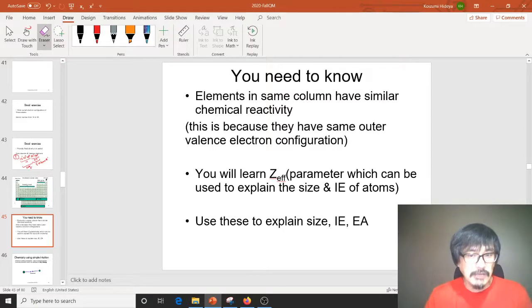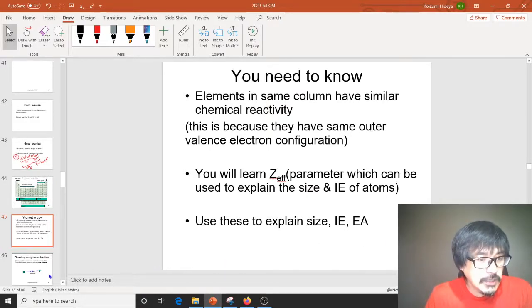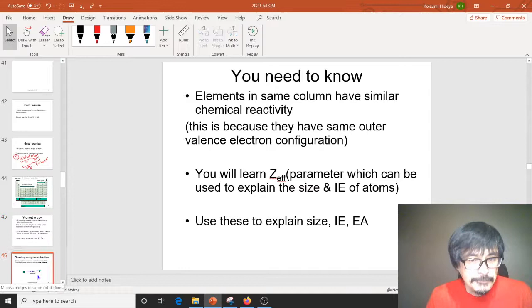So the Z effective is a fairly useful tool. Let me just try to explain that portion right there. That's pretty much the main part of this particular video.